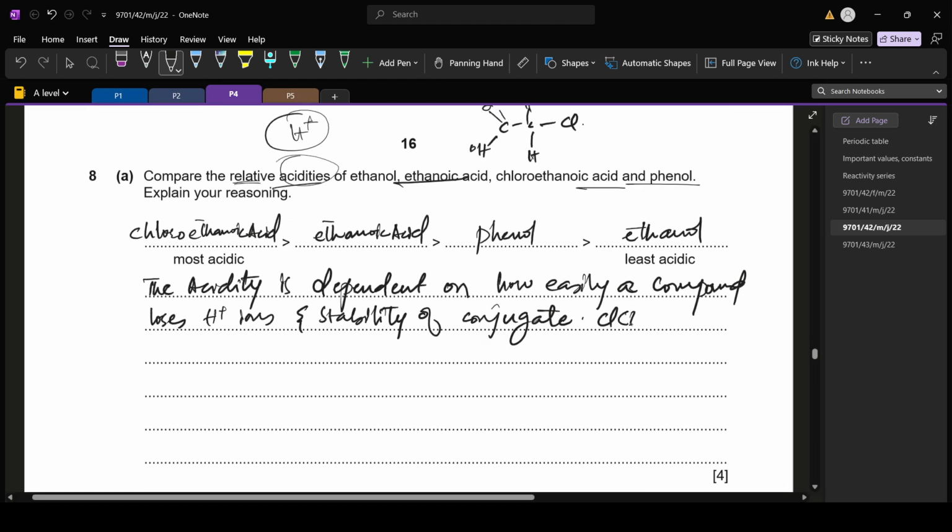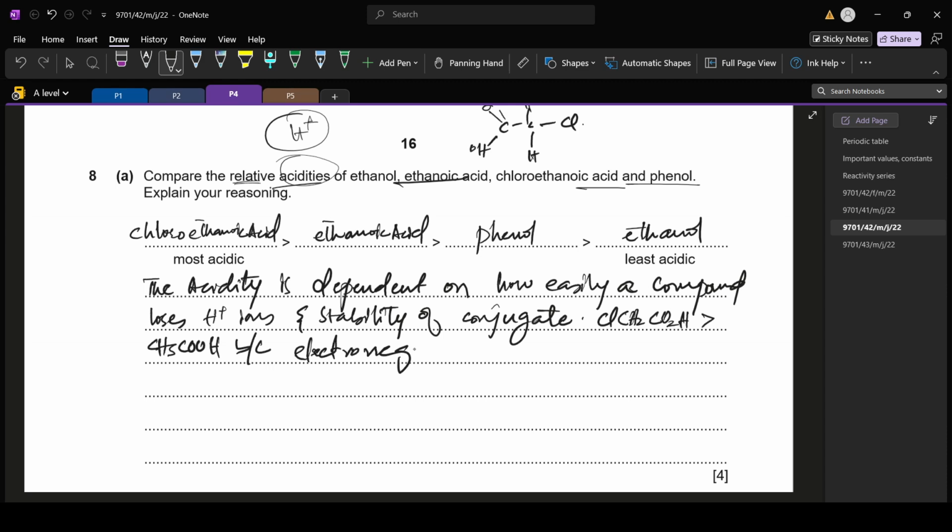It is more acidic than ethanoic acid because an electronegative or electron withdrawing group is attached.